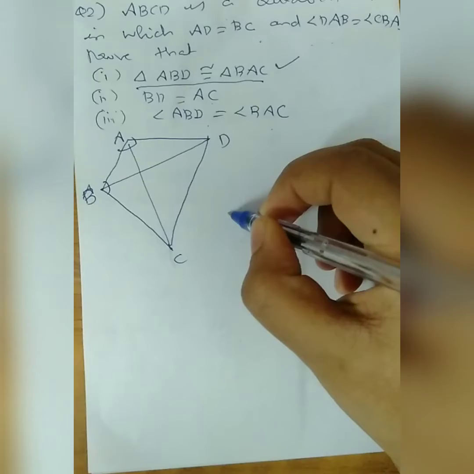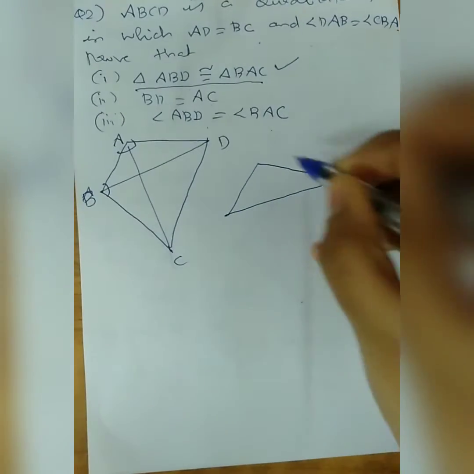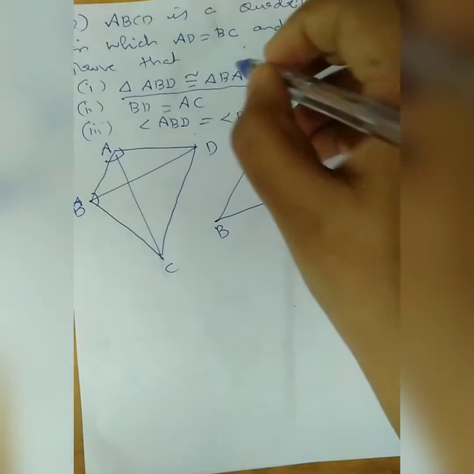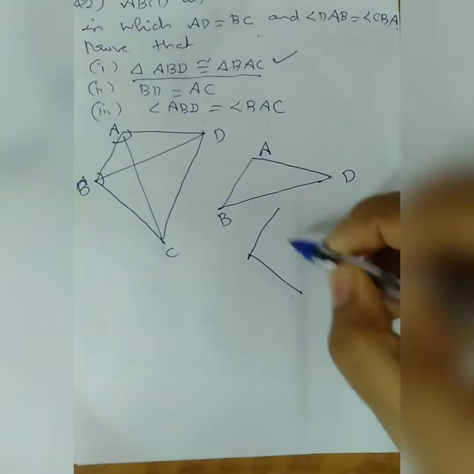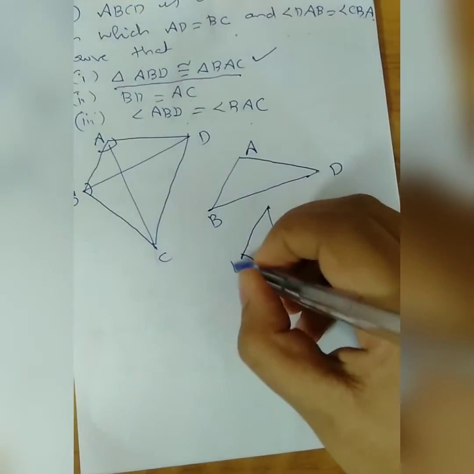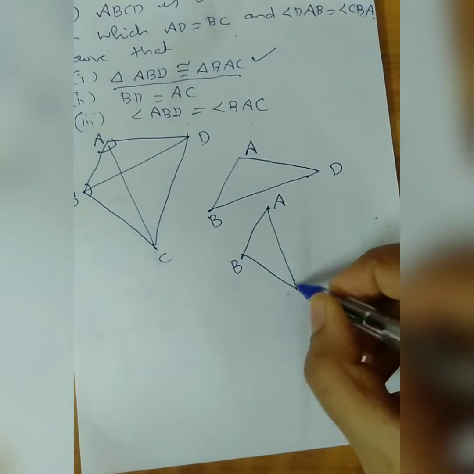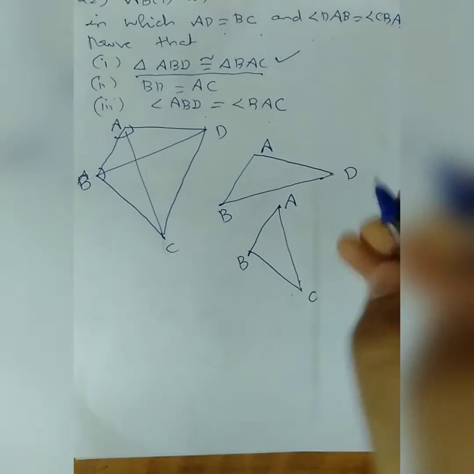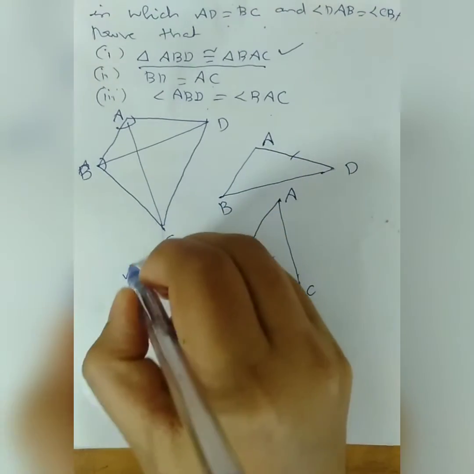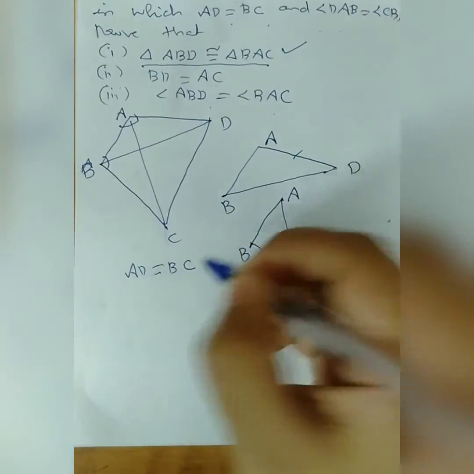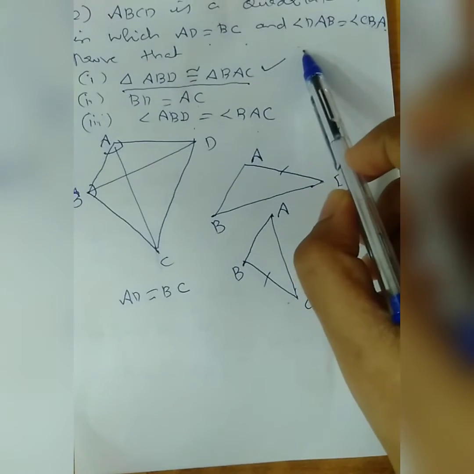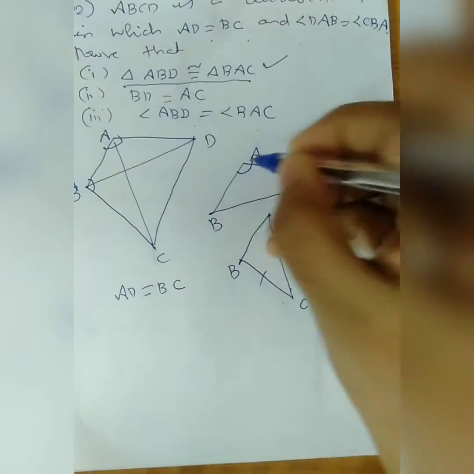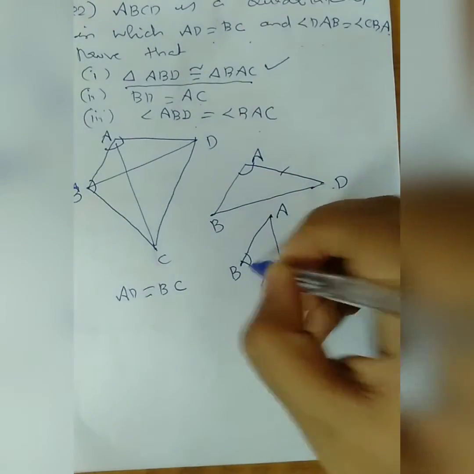This is triangle ABD and second consider triangle BAC. Here given that AD is equal to BC, these two sides are equal. Also given that angle DAB is equal to angle CBA.